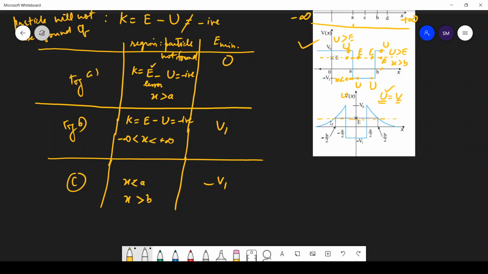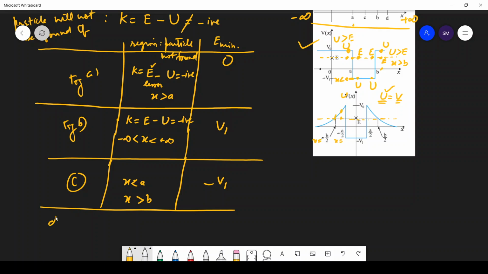So now here, in this region from x equals minus b by 2 to x equals minus a by 2, potential energy is greater than mechanical energy, which tells us that kinetic energy will be negative, so it's not possible.